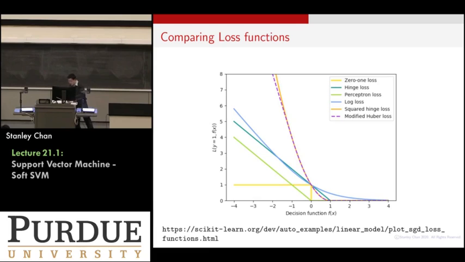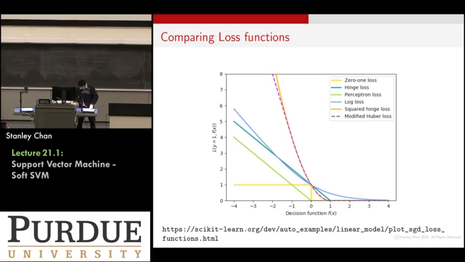So we call this diagram, this is all the loss functions that we have so far, right? So we have the perceptron loss as one of those. Perceptron loss is the green one. And now the support vector machine loss, if you go to the limiting case, it will be one of these. Now you have this max of 0 and 1 minus the thing.